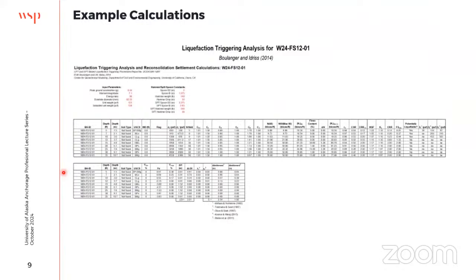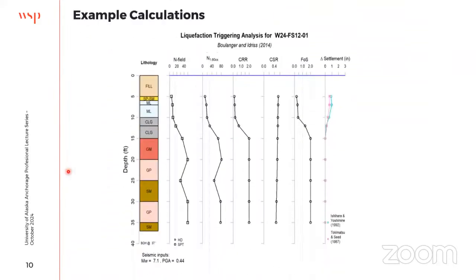So this is just a shot of some of the calculations that are involved in figuring out whether or not you might have liquefaction hazard. This is actually from a site here in Anchorage where we observed liquefaction during the 2018 earthquake, and so we subsequently drilled it.